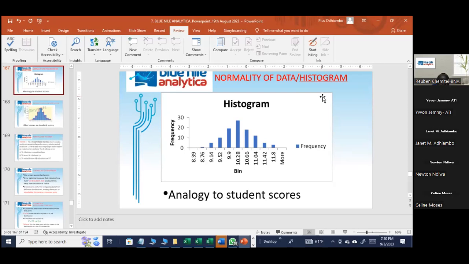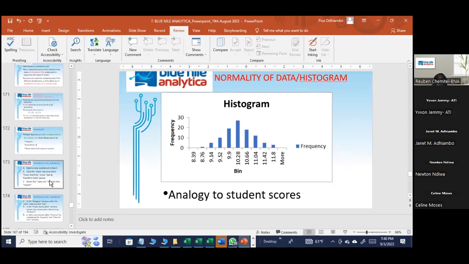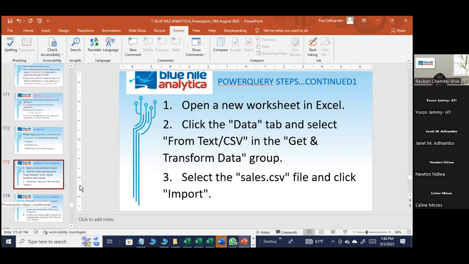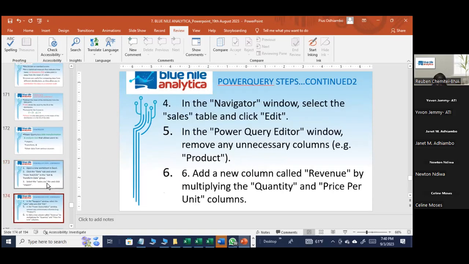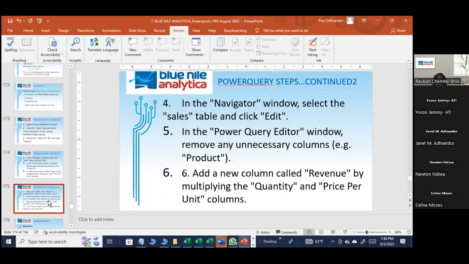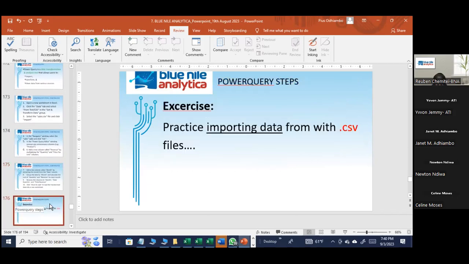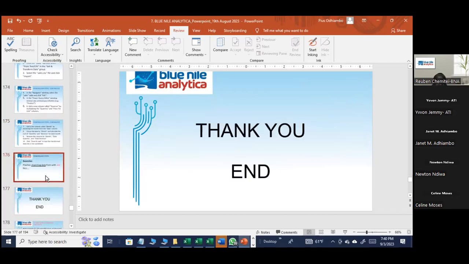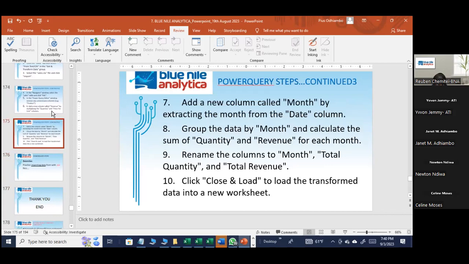I'll share the data set and the procedure for getting this histogram that you can see on your screen. The others, like Power Query, I'll not talk about, because they are basically functions in Excel, but a little bit more advanced.